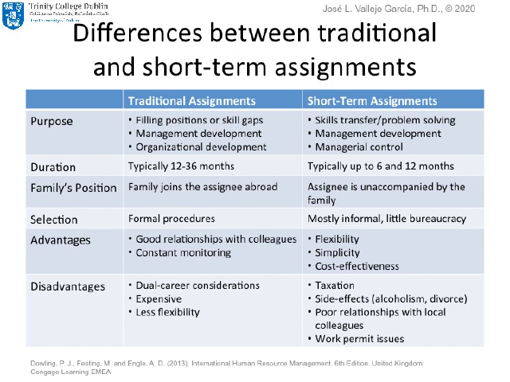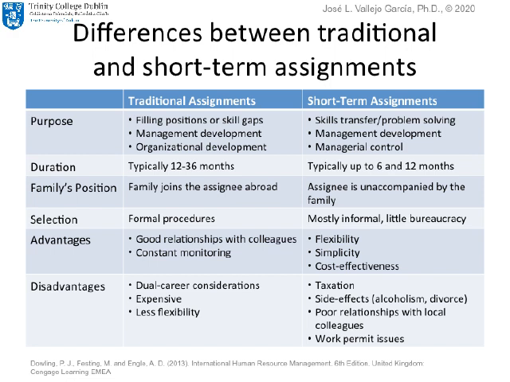For example, the purpose of a traditional assignment is filling positions or skill gaps, management development, organizational development, and so on. Whereas a short-term assignment is more focused on skills transfer, problem solving, management development, and managerial control. That's for a short period of time.